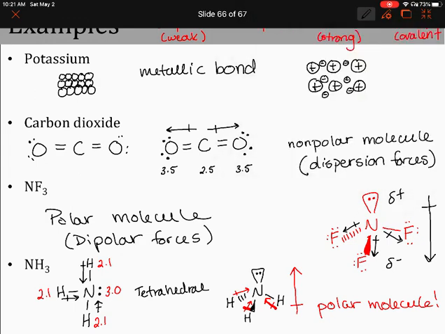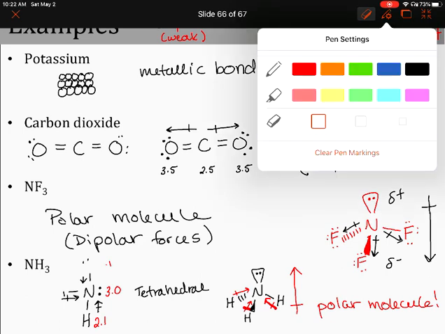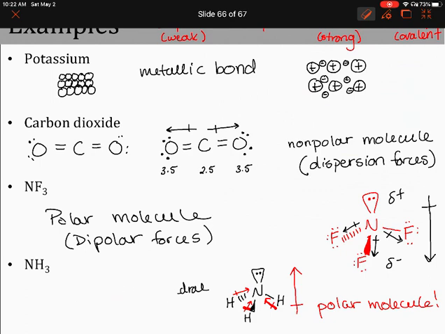So let's say that we have 2 NH3 molecules. Oh, it's not erasing. Let me get a bigger eraser. There we go. So if we have 2 NH3 molecules, it might look something like this. If I can get my pen to work. I'm going to draw these sideways.